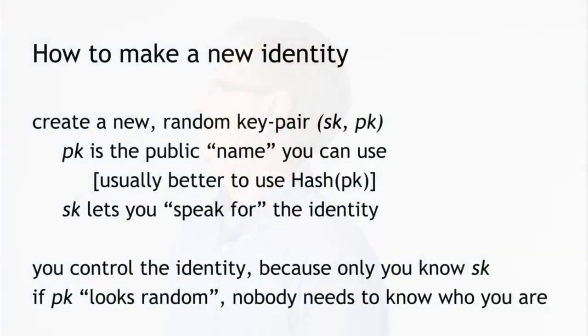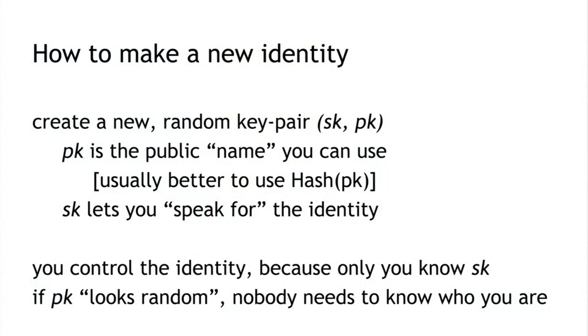That means there is an identity in the system which only you can speak for, and of course that's what you want an identity to be: something that one person can speak for, that everybody can see.